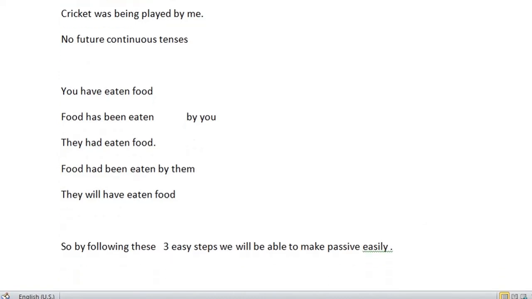The next one is the future perfect, and it's so simple, we just have to add "been" to it: food will have been eaten by them. Just by following these 3 steps, you'll be able to make passive voice easily.